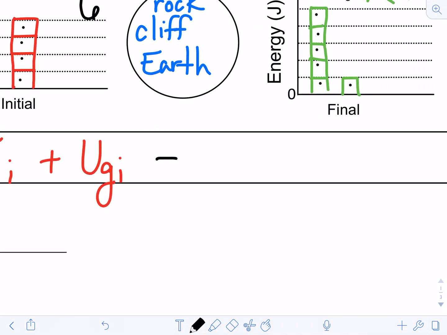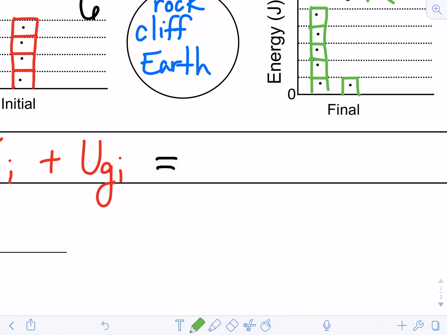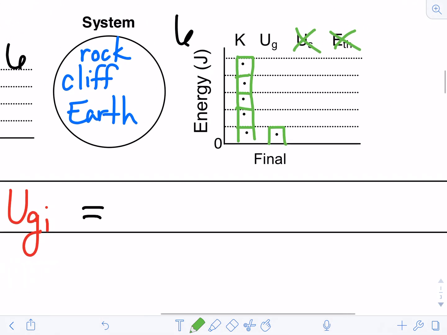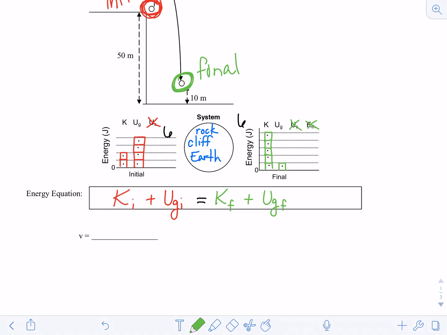According to conservation of energy, that should be equal to what I have at the end: some kinetic energy, so we'll call that final kinetic energy, and some gravitational energy, so we'll call that final gravitational energy. Okay, so this is my energy equation. I got kinetic and gravitational at the beginning. That should equal kinetic and gravitational at the end.